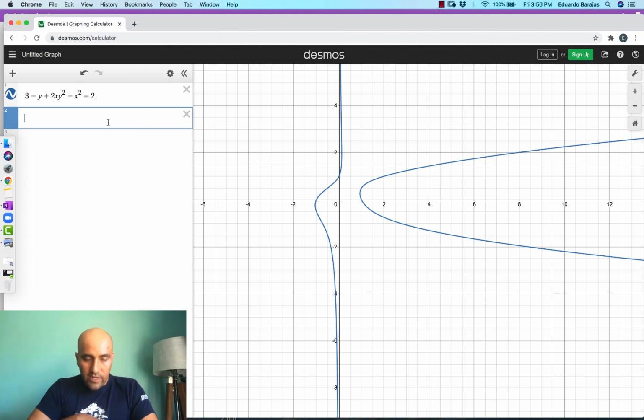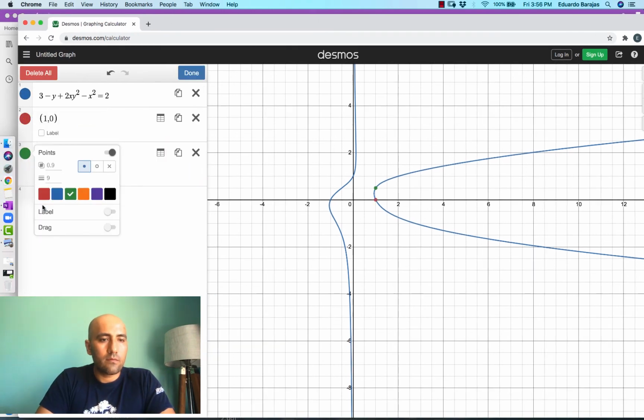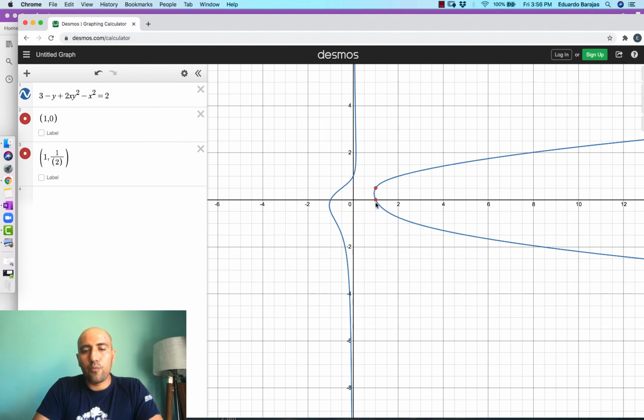So let's see. When x equals 1, we got a couple of ordered pairs. We got (1, 0). And the other one, also on there, was (1, 1/2). So there they are. Those are the 2 points on my function that I was interested in.